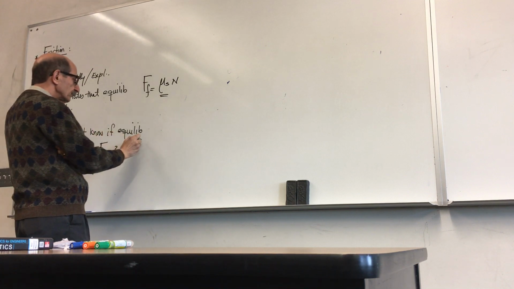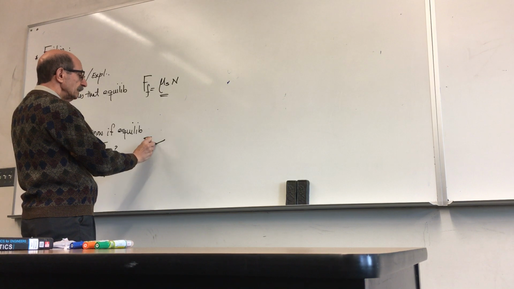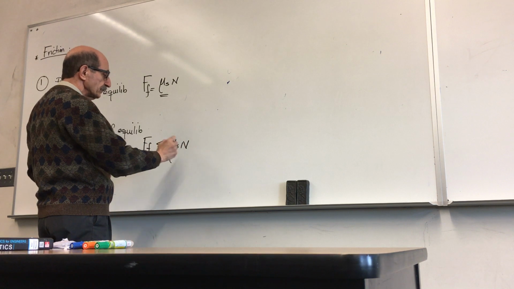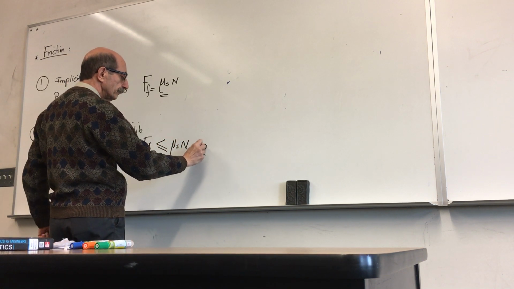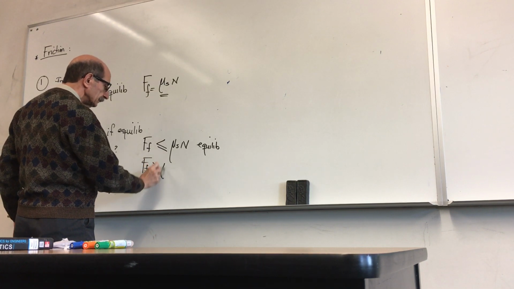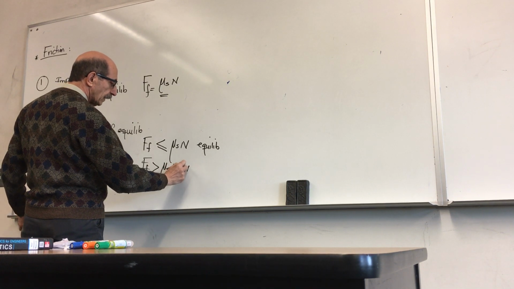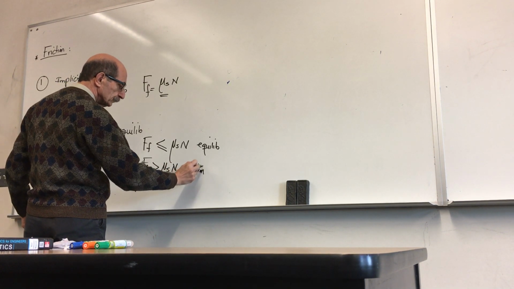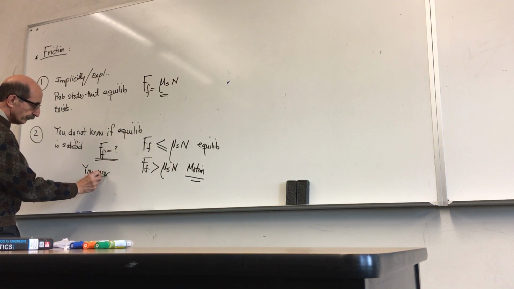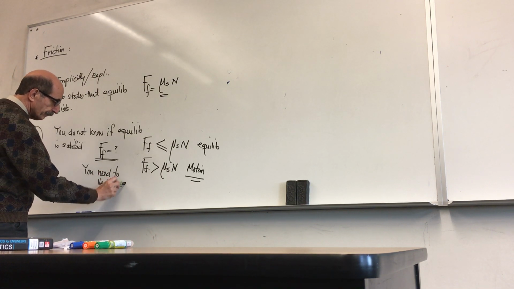In other words, this F of f may be less than or equal to mu s N. If that is the case, you have the equilibrium. If this F of f is greater than mu s times N, you have motion which is pending. So in other words, you need to verify equilibrium.